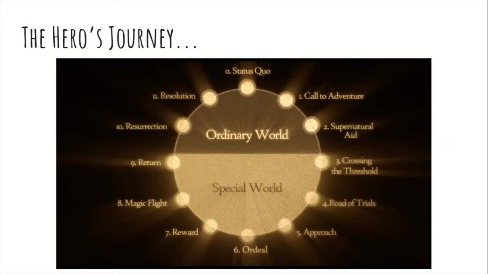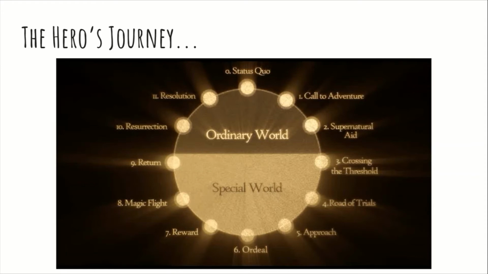So, an example I can think of for the ordinary world and special world is The Wizard of Oz. The ordinary world in the film is shown in black and white, and then Oz is shown in colour. Crossing the threshold and the return are 3 and 9 on the picture.